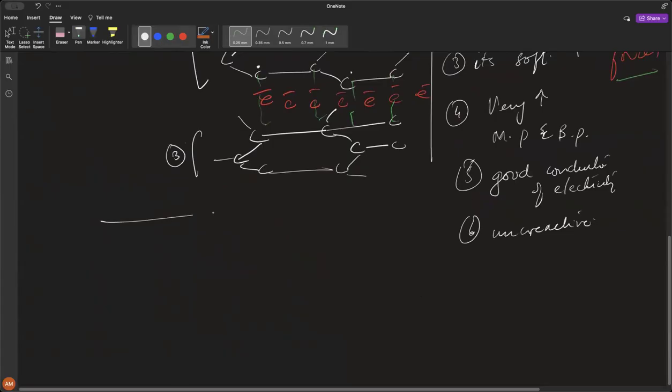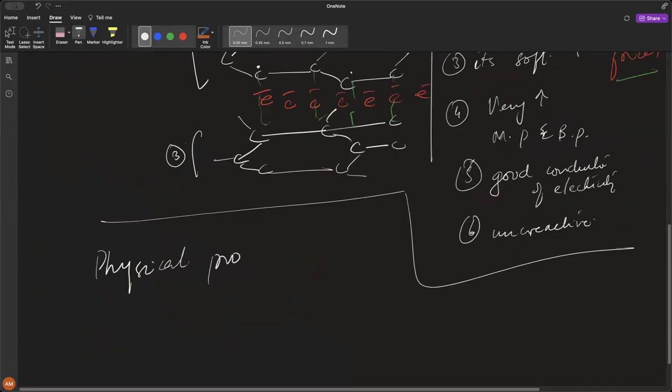If you look at the physical properties of graphite, right?